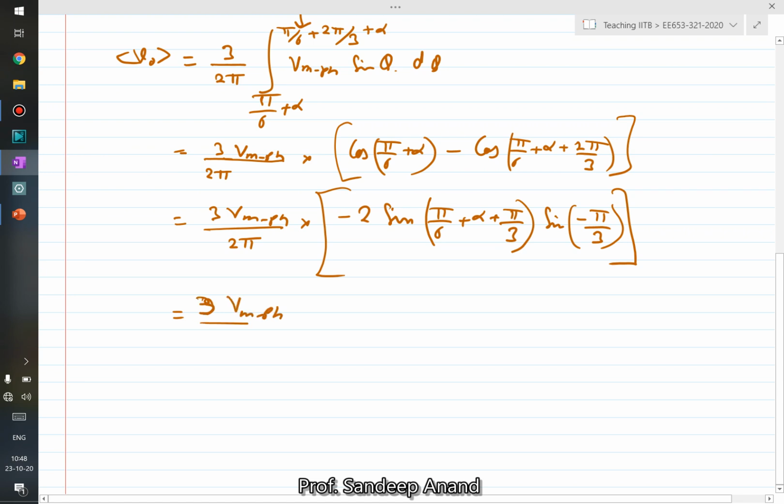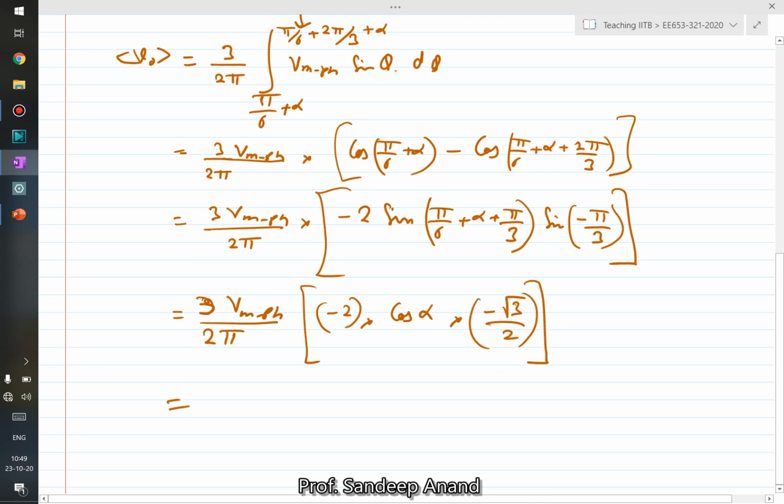Vm phase upon 2 pi into minus 2 into sine of 90 plus alpha, which is cos of alpha, into sine of minus pi by 3 or minus 60 degrees, which is going to be minus √3 by 2, right?